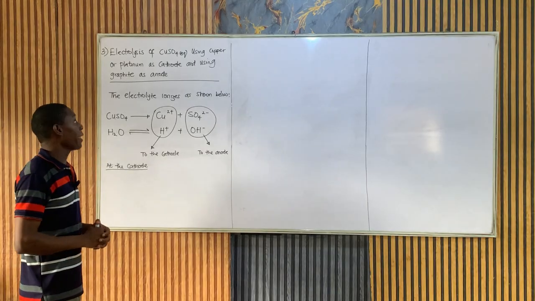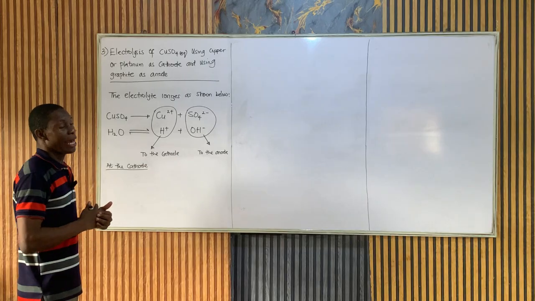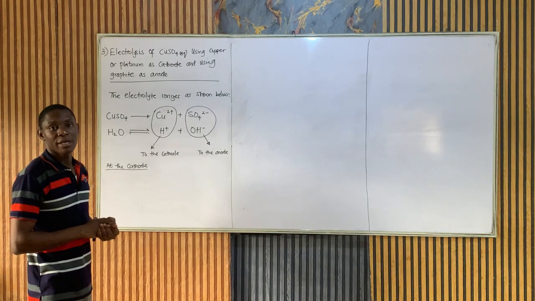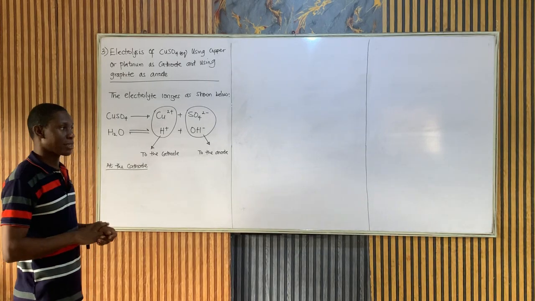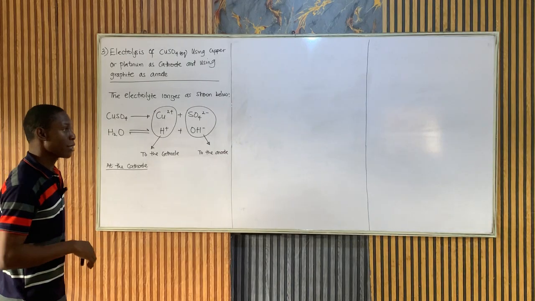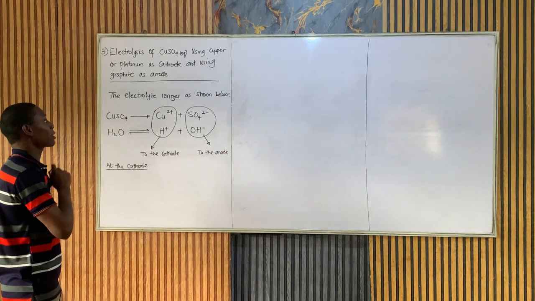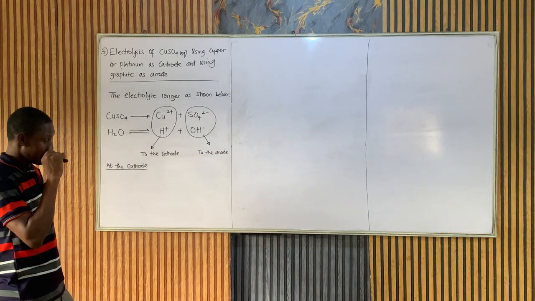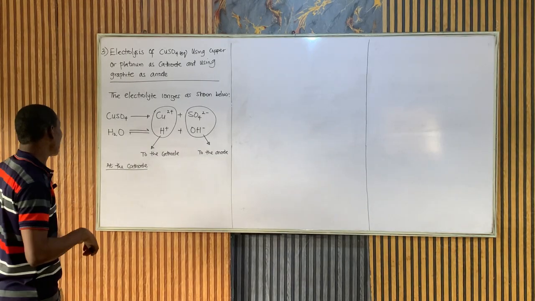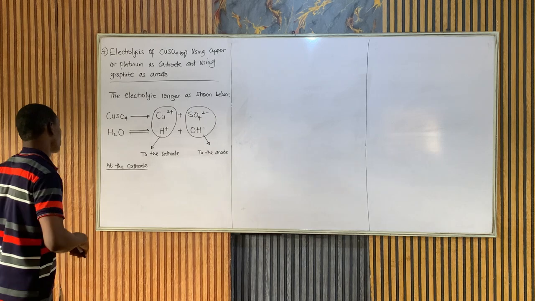Another example here is electrolysis of copper 2 tetraoxosulfate(VI), aqueous copper 2 tetraoxosulfate(VI), using copper or platinum as cathode and using graphite as anode. Well, the electrolyte ionizes as shown.